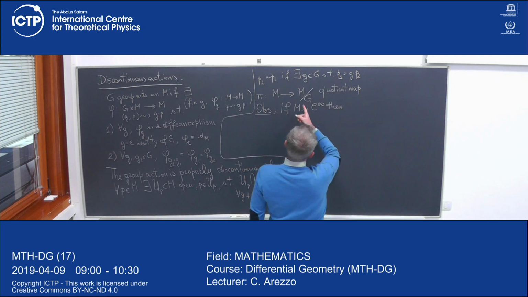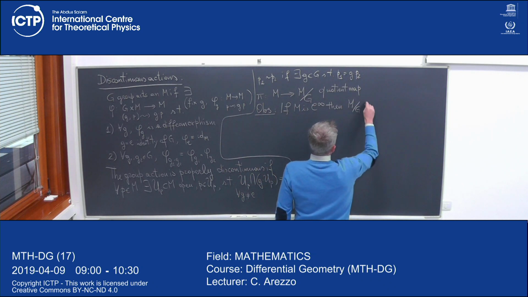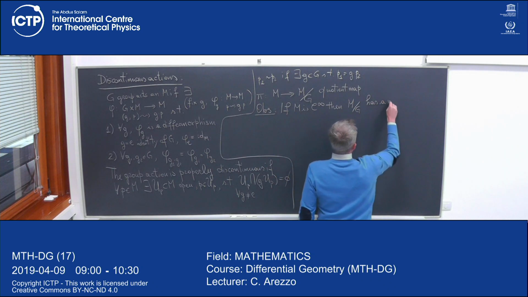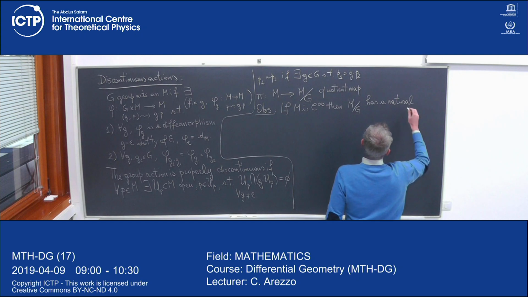And of course, if the group acts properly discontinuously, then it has a natural structure, of course we will call it the quotient or the induced structure.